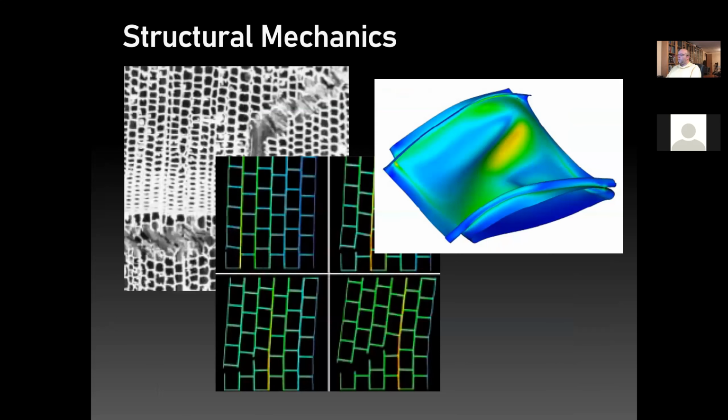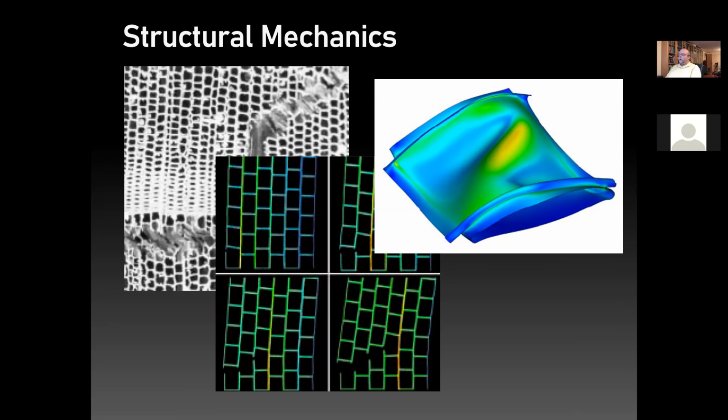In structural mechanics, you can have quite complex models. The first image on the left is actually a photograph of a section of a tree, or wood, where you want to make paper pulp. So you want to grind it to paper. This process is quite energy intensive, and you want to know how it works.